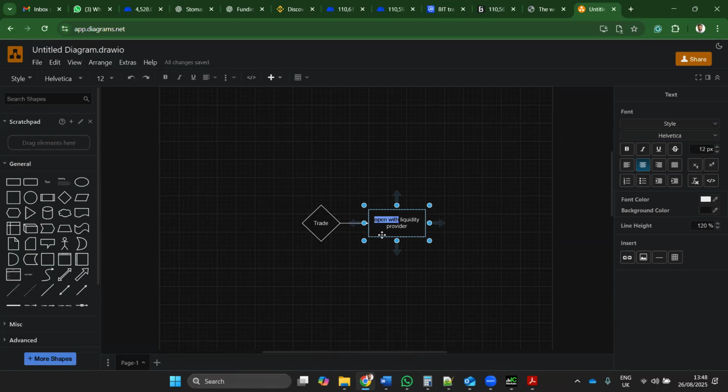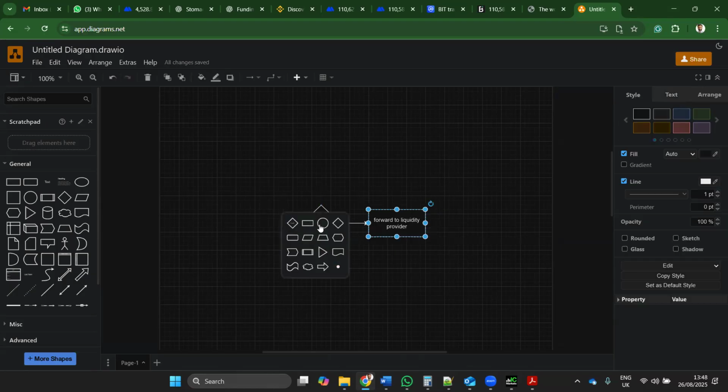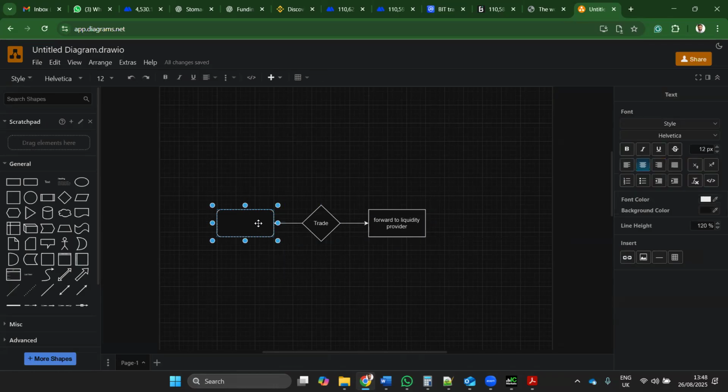You just say forward to, that was my one option. The other option was... right. So let's call this A book. No, sorry, let's call this one the B book, B book like broker book. And let's call this A book.